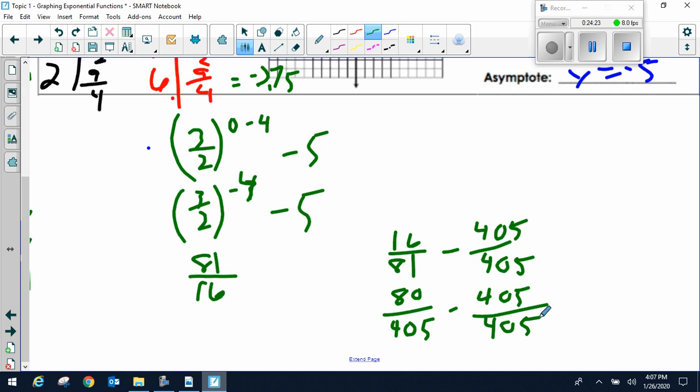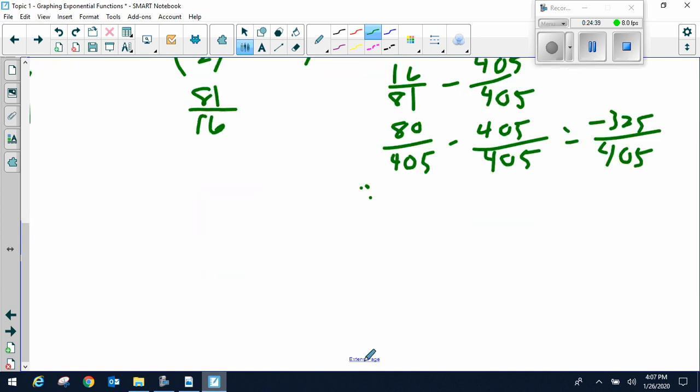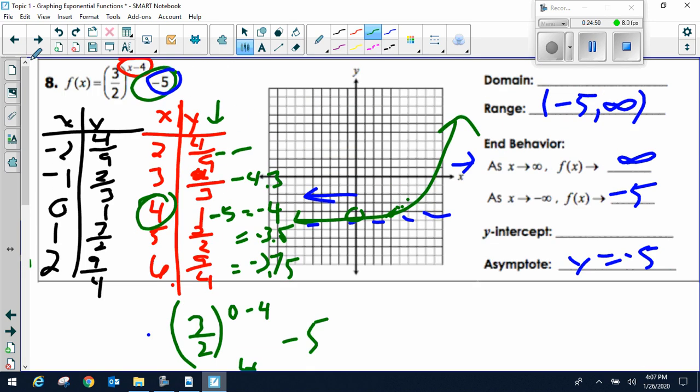So 80 minus 405, negative 325 over 405. And then they're both divisible by 5 at least. That's negative 65 over 81. So negative 65 over 81 is my y-intercept.